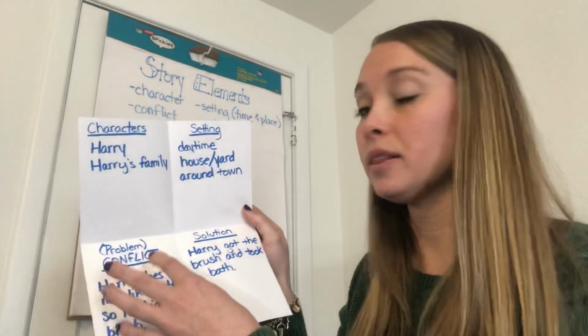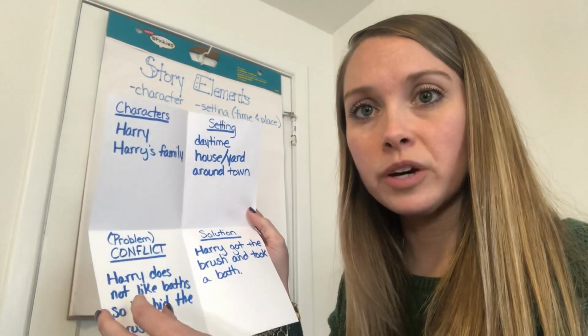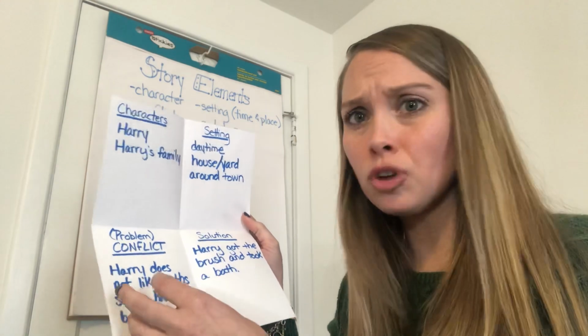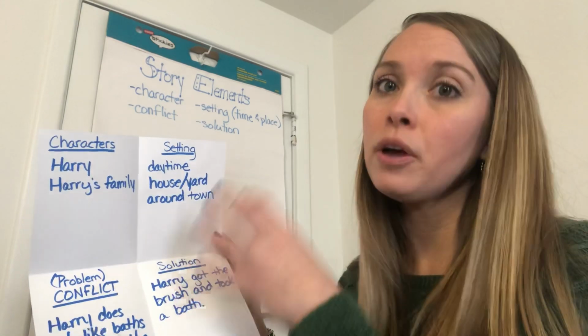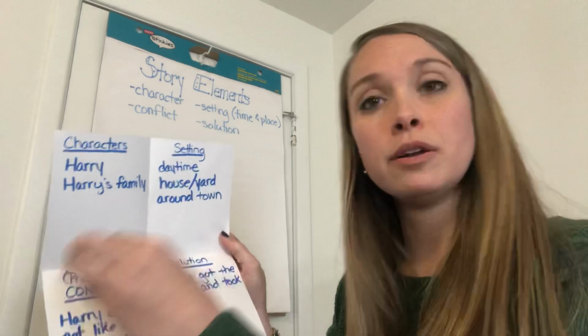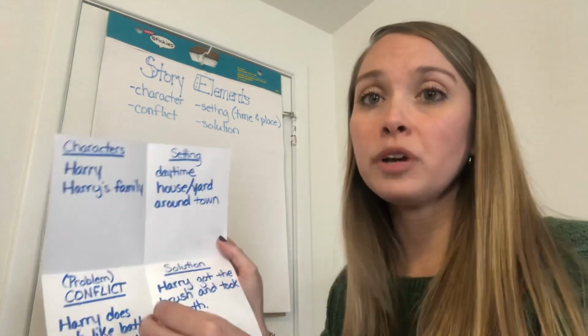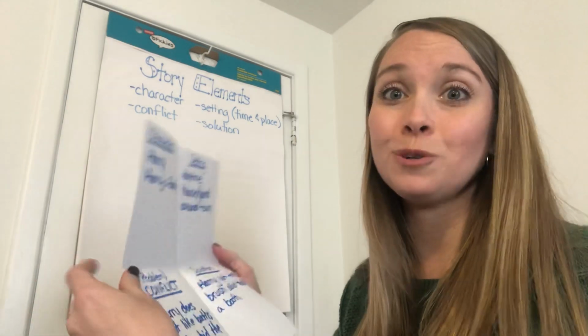You may have said that the conflict is Harry's family doesn't recognize him. Remember the part in the text where the little boy said, there's a strange dog in the yard. That conflict would have the solution of Harry gets a bath and his family recognizes him. See how the solution fixes that conflict? In third grade, we need to make sure that we're making sure the solution matches the conflict. So make sure you do that too.